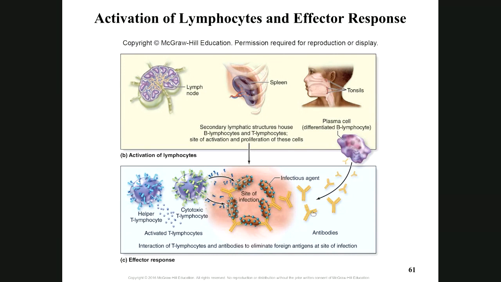Here you can see the T lymphocytes. First we have T helper, which becomes activated and can recruit the cytotoxic T lymphocyte. This cytotoxic T lymphocyte can release some chemicals and cause apoptosis of the pathogen for us.